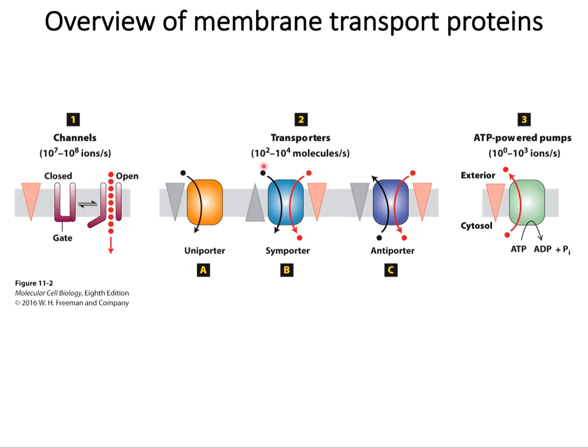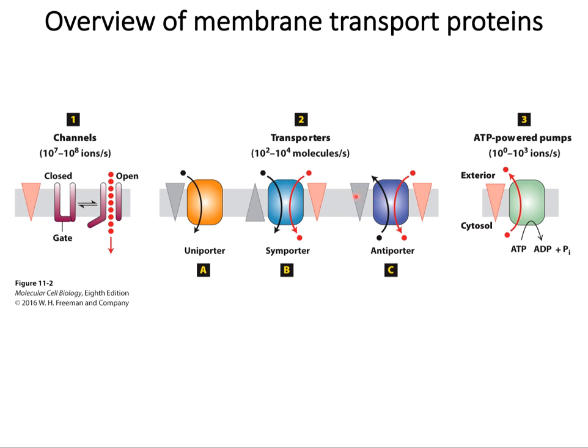There are three main classes of membrane proteins that transport molecules and ions across cellular membranes. Each concentration of the substances also creates what is known as a gradient across the membrane.